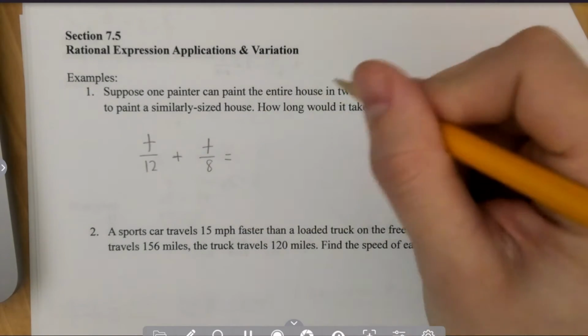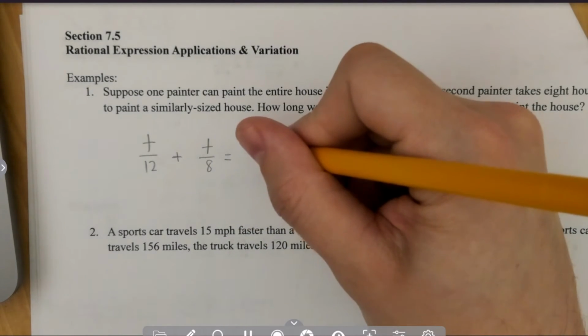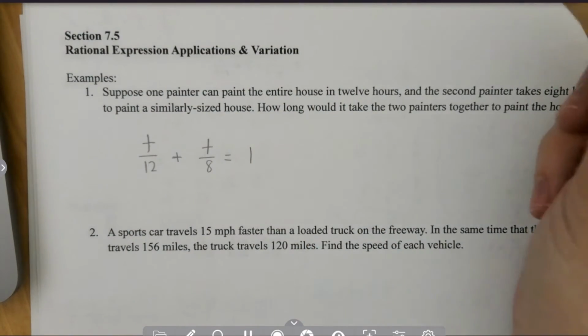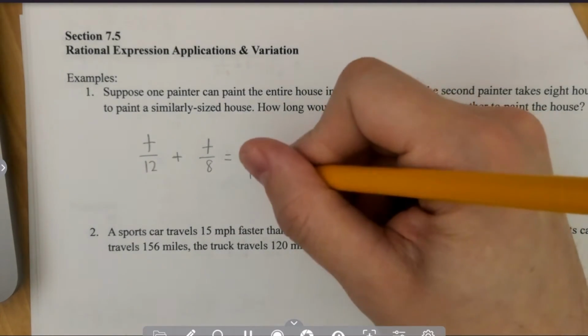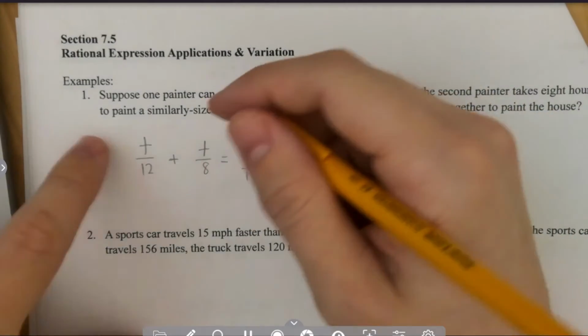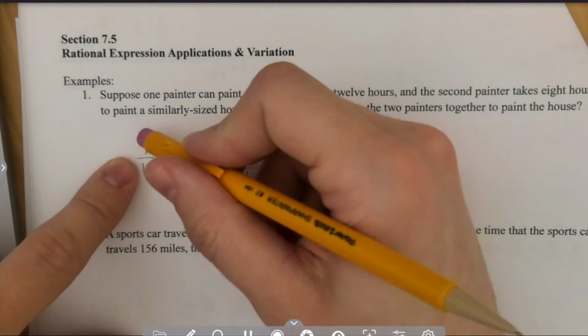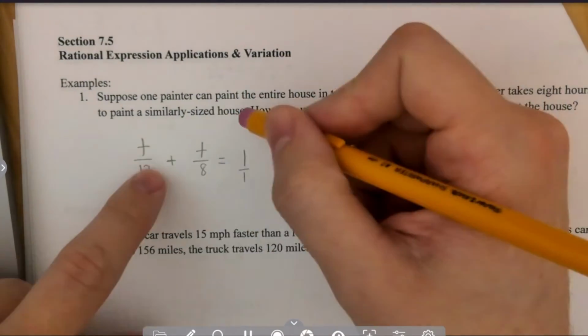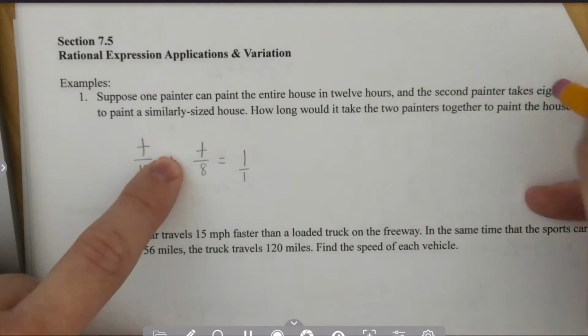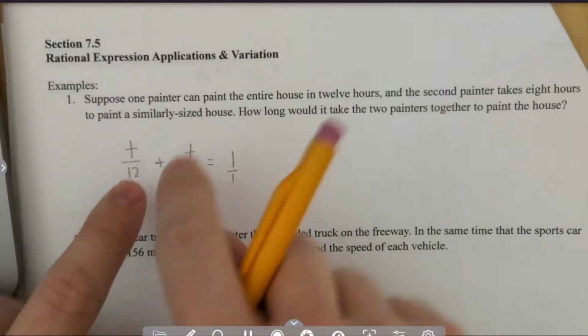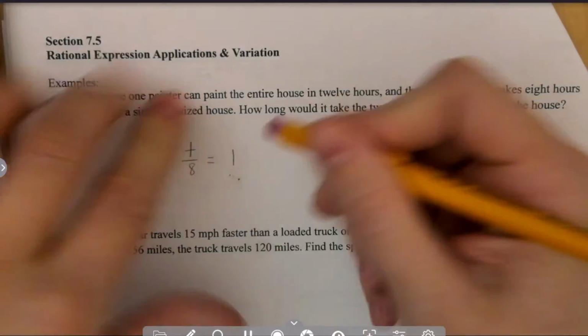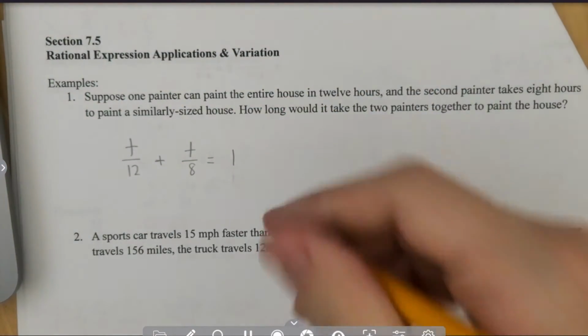And again, what does it mean to have a full house? It means the entire job is complete, 1 over 1. The reason this fraction was set up the way it was is because 12 over 12 makes 1, a finished house. The reason we set up this fraction was because 8 over 8 makes a full house. When they work together, I'm trying to figure out when do they make 1, a full house.